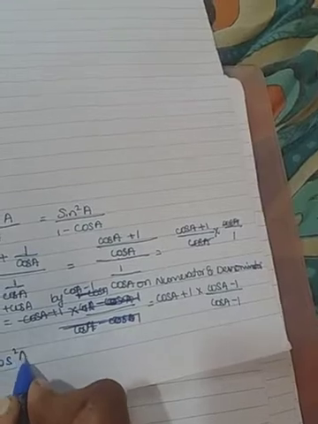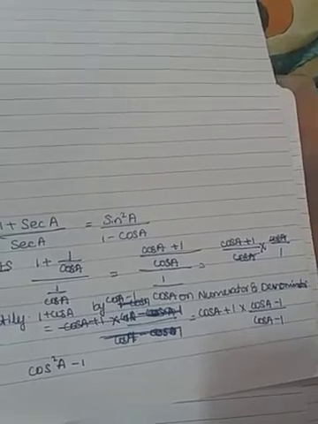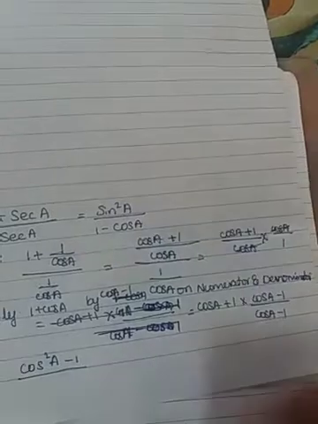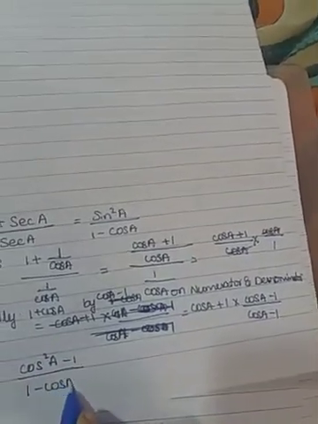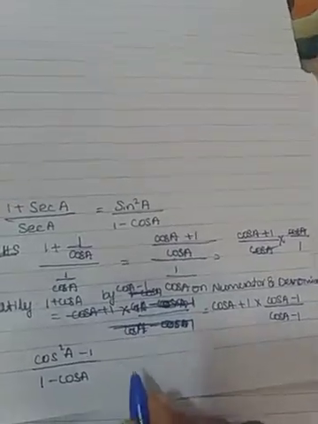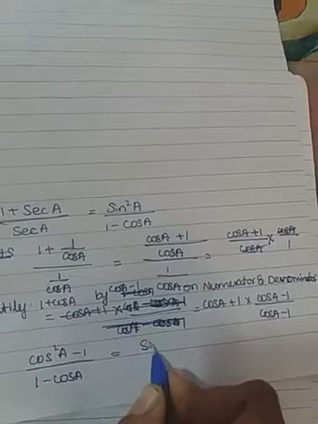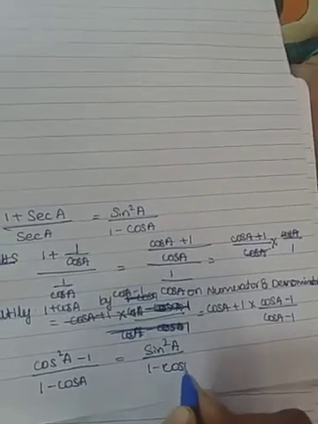It is in the form of (a plus b)(a minus b), so we can write that as cos square a minus 1 square, divided by 1 minus cos a. Cos a minus 1 or 1 minus cos a, both are the same.